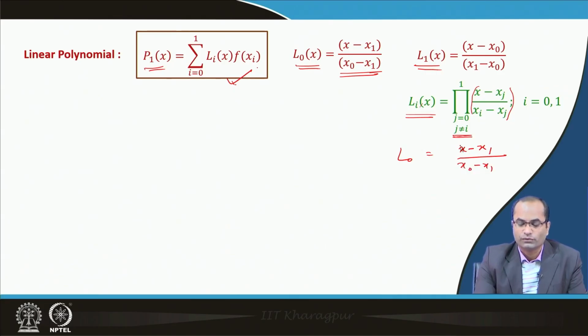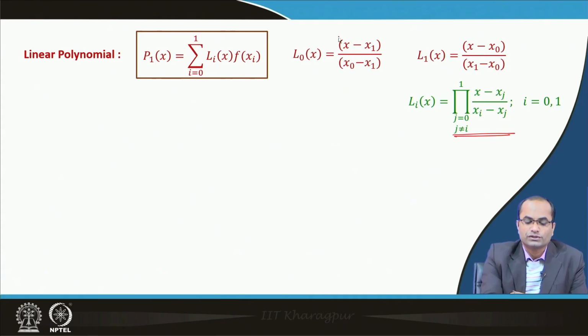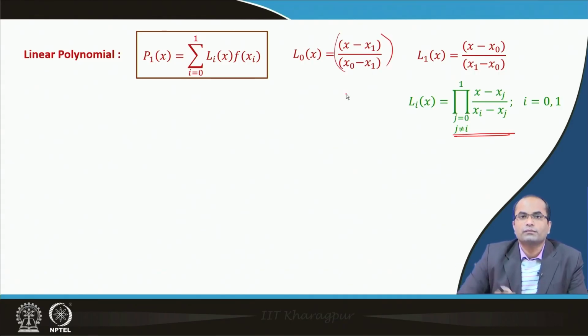So, x minus x1, only this, there is no product there, and similarly with L1 we will get this expression. This is more general, but when we are talking about the second order or third order polynomial, such terms will come in a product to make the second order or third order polynomial.